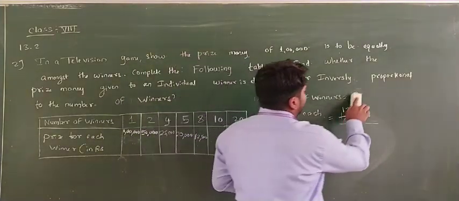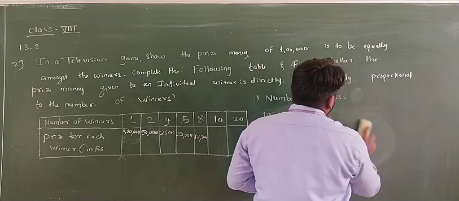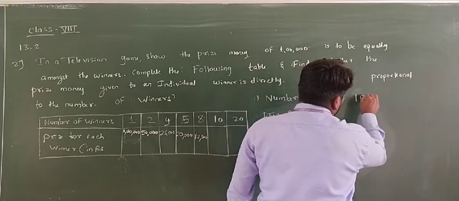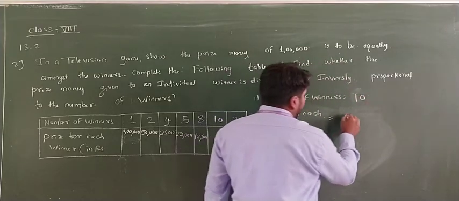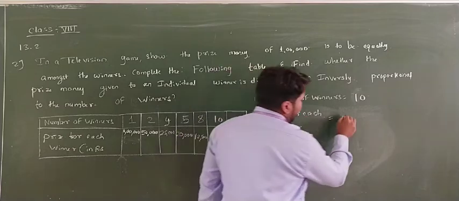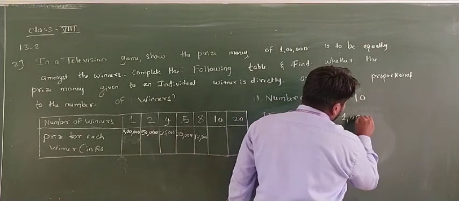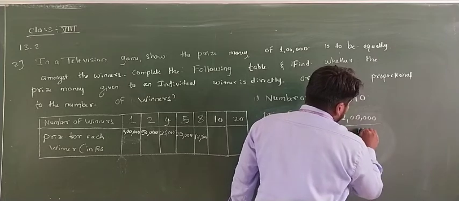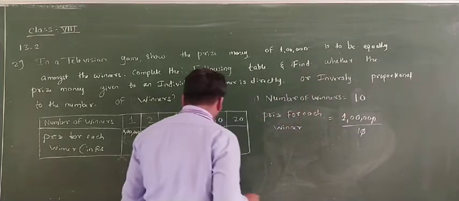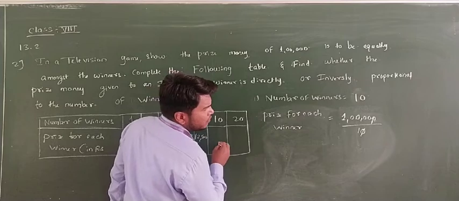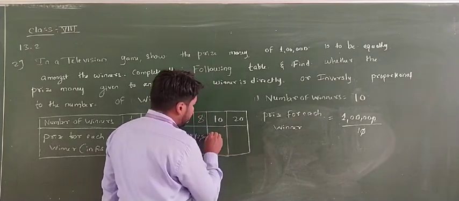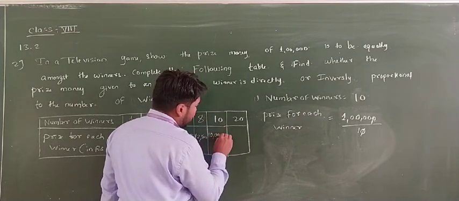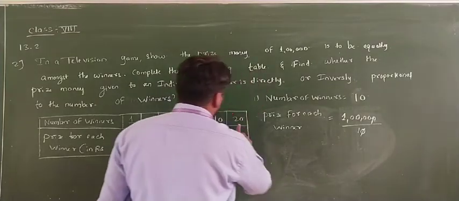Now we are calculating for 10 and 20. If the number of winners is 10, the prize for each winner is 1 lakh divided by 10. The zeros get cancelled, so the remaining is 10,000. The last one remaining is 20.